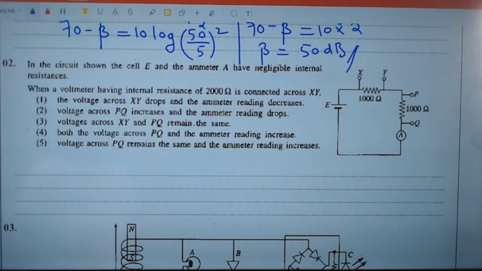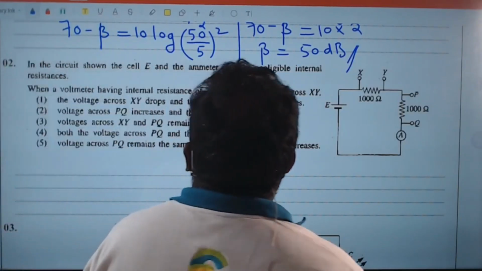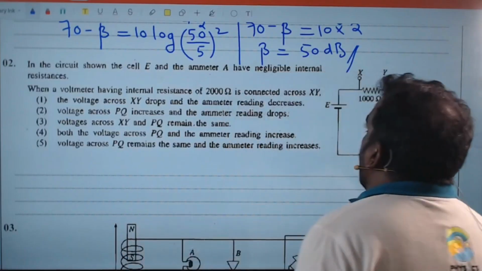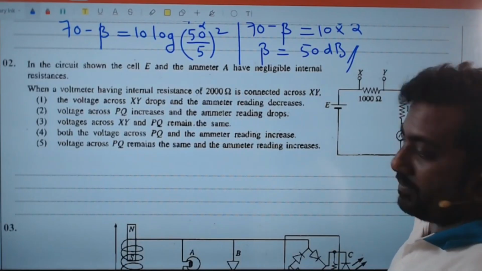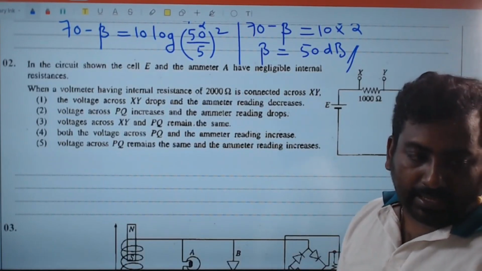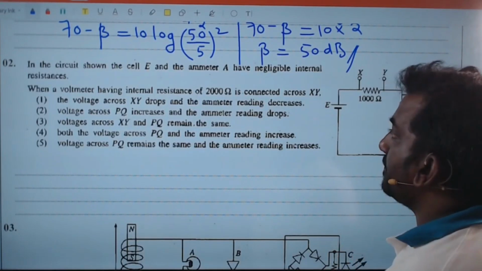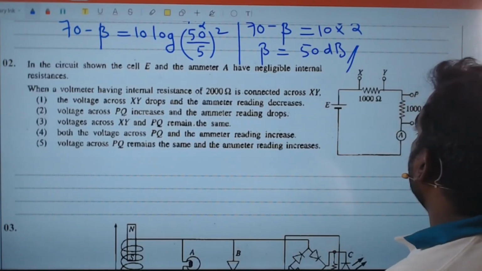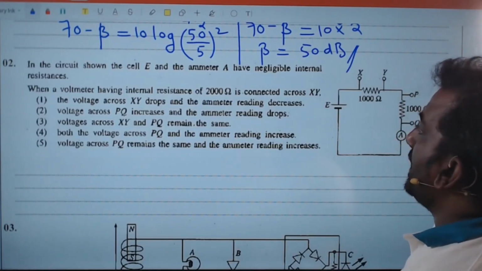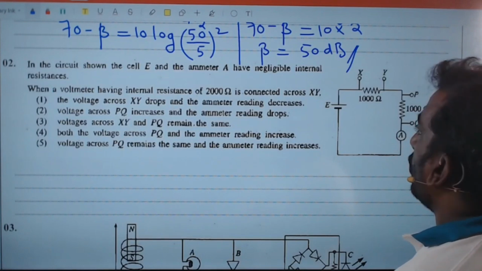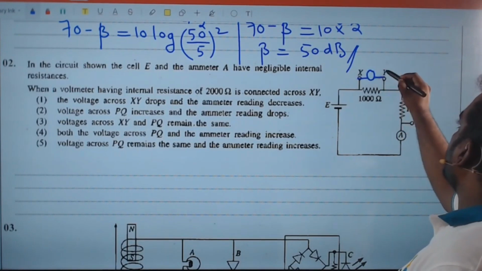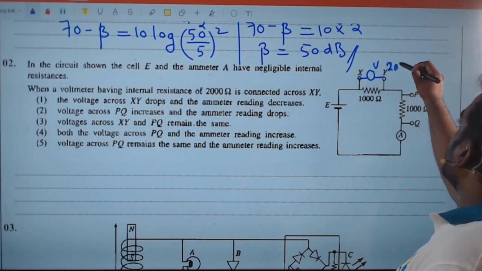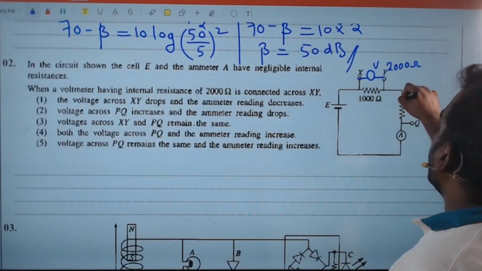In the circuit shown, cell E and ammeter have negligible internal resistance. When the voltmeter has a resistance 2000 ohm and is connected across, so 2000 ohm here, current will divide, no?